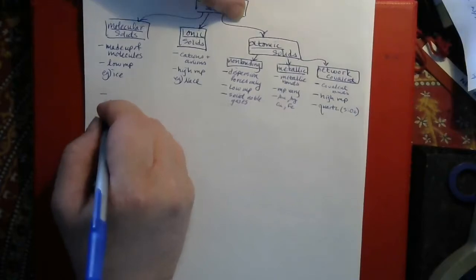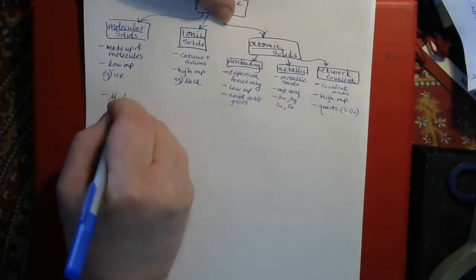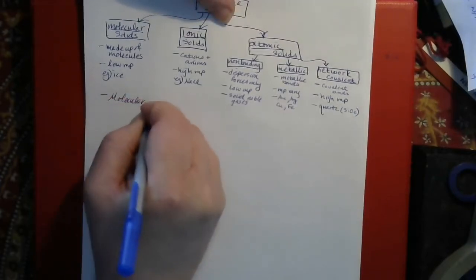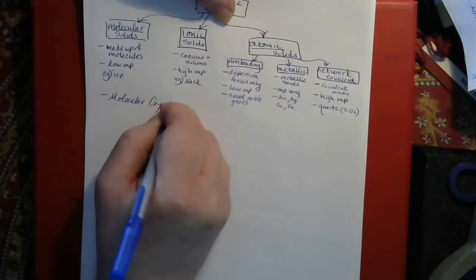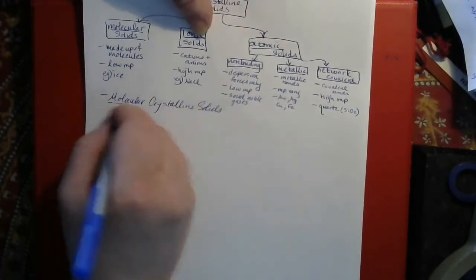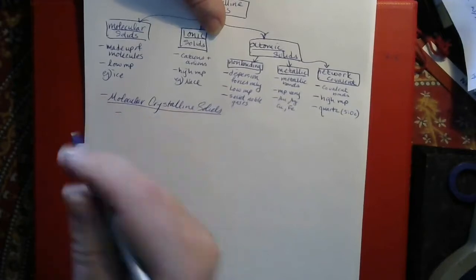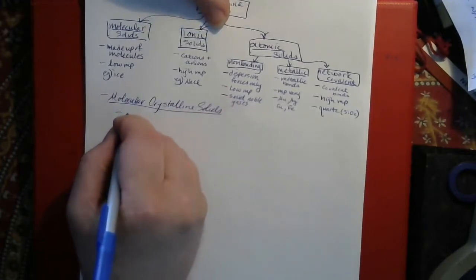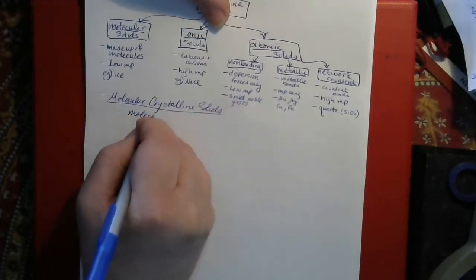And so to look at some of these in a little more detail, the molecular crystalline solids, they're made up of molecules at the lattice points.